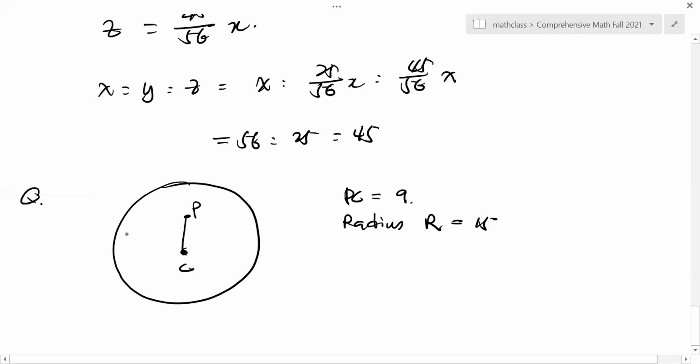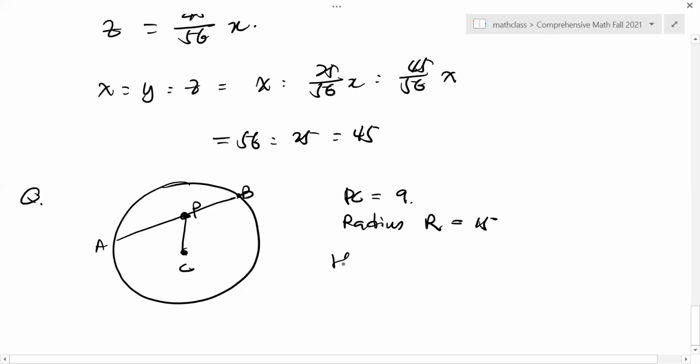We want to find out the number of these line segments between A and B passing through the point P which have integer lengths.